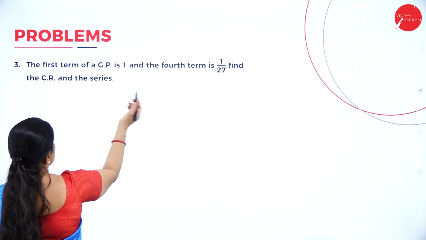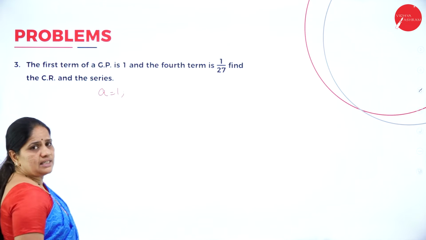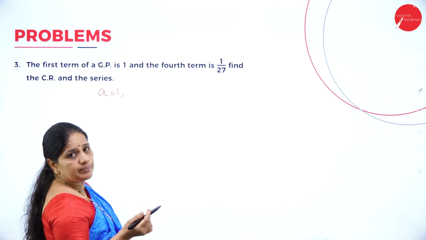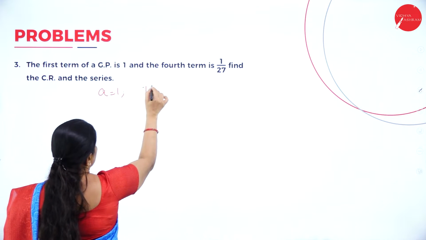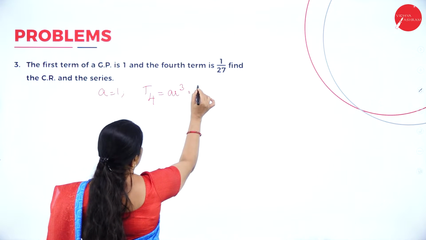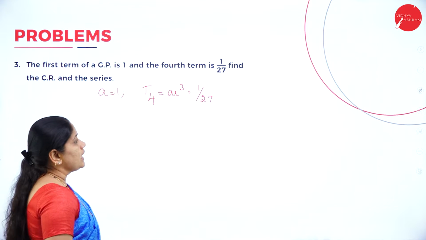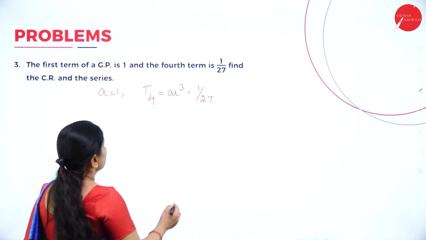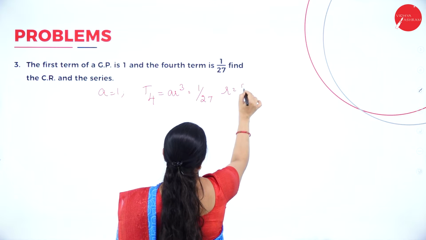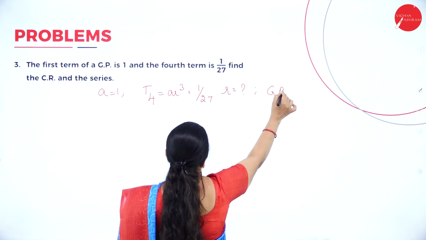So, the first term of the GP, A equals 1, and they have given the fourth term is 1 by 27. That is T4, that is AR to the power 3 equals 1 by 27. Now what do we have to find out? We have to find out what is R, and we also have to find out the GP.